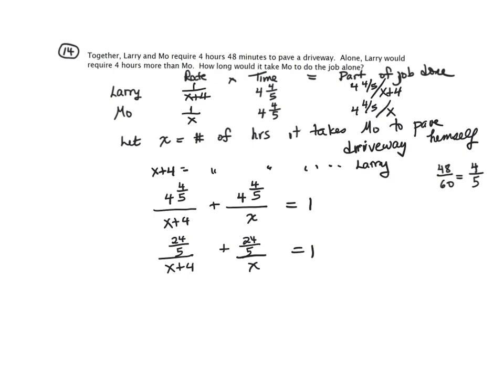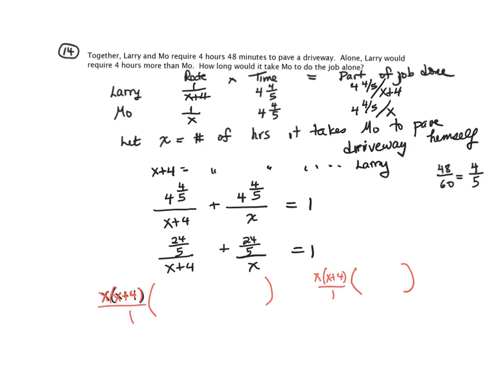Here we have a rational equation. The least common denominator is x times x plus 4. So let's multiply both sides by that. And this is understood to be over 1.